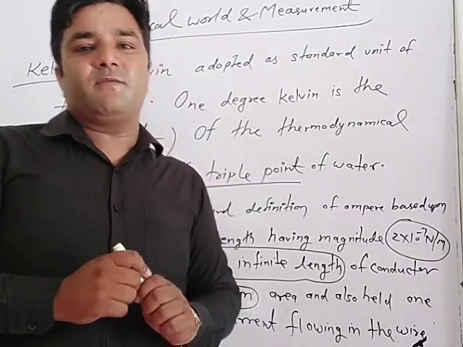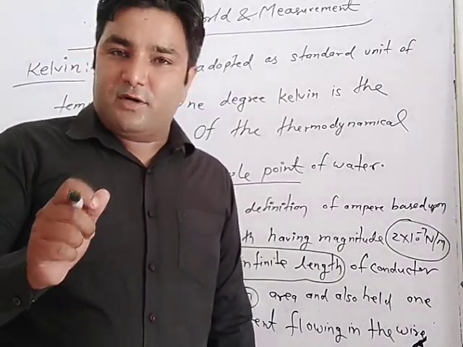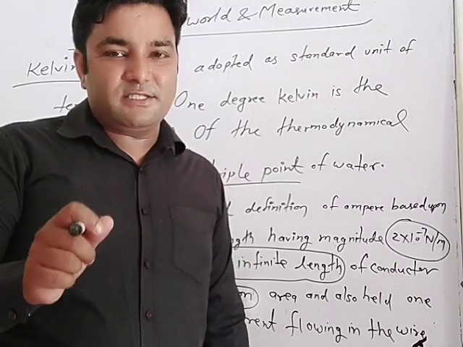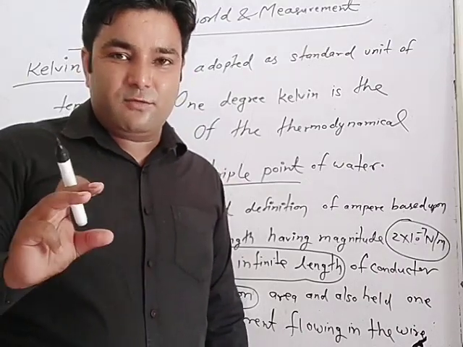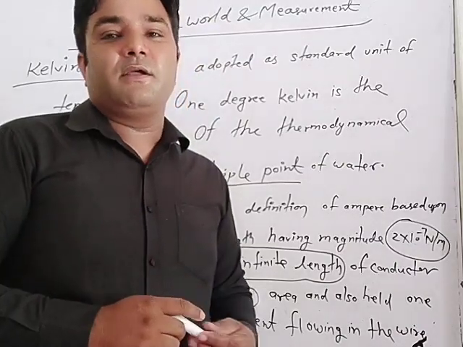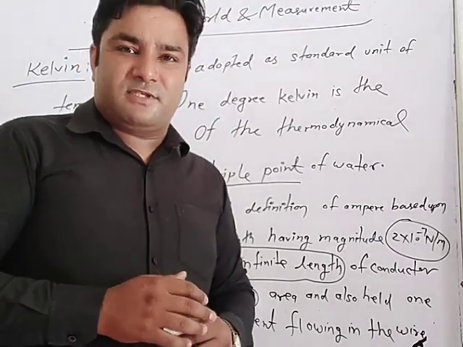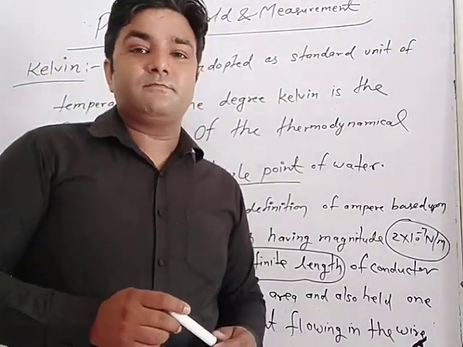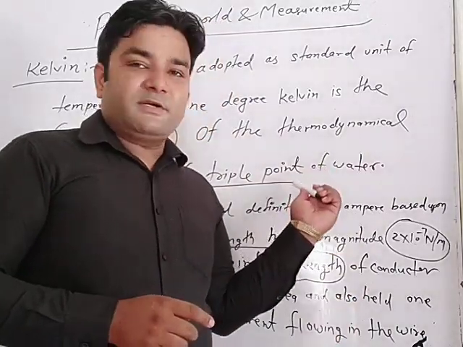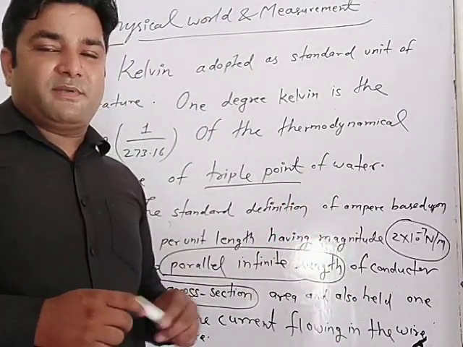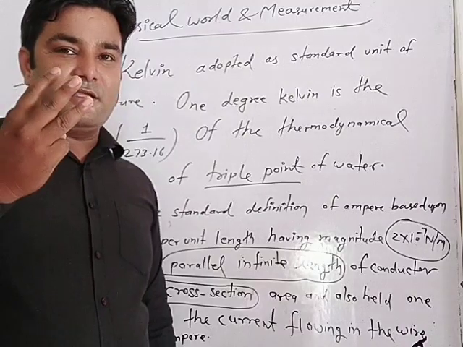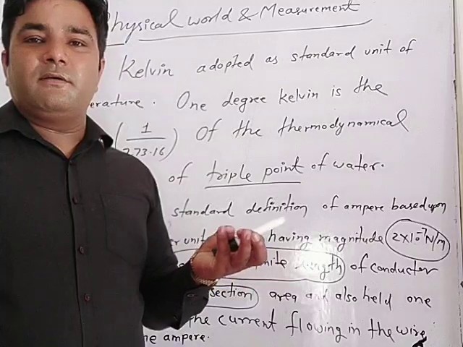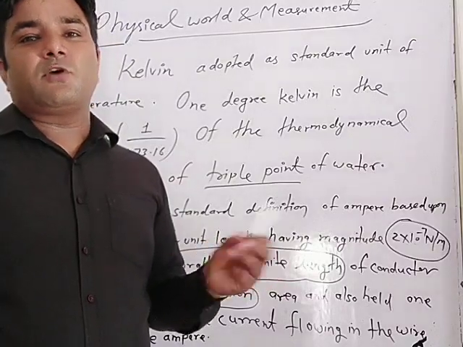And the value of the triple point of water is 273.16 degree Kelvin or 0.01 degree Celsius in terms of temperature, but in terms of pressure, that is what? 4.58 mm Hg pressure. Triple point clear or not? I think clear. Very simple concept. Triple means three positions of water, that is liquid, vapor and solid form.